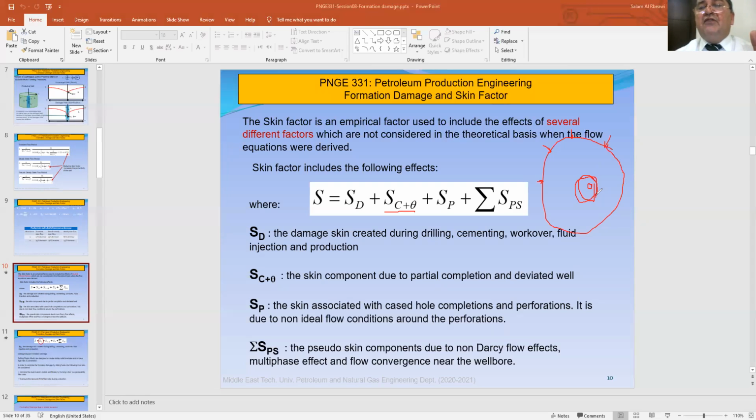So here are the 4 types of the skin factor that we need to focus on: S sub D, S sub C plus theta, S sub P, and the summation of S sub PS. Okay. Now let us have more details about each one of them.